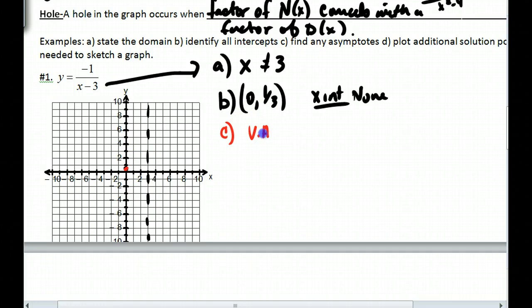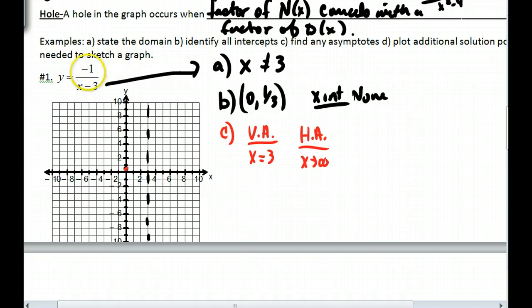Asymptotes: we have already identified one vertical asymptote. That would be x equal to 3. So if I ask you what the vertical asymptote is, don't tell me 3. It's x equal to 3. What about the horizontal asymptote? What's our end behavior? Well, as x goes to infinity, this denominator is going to get really big.